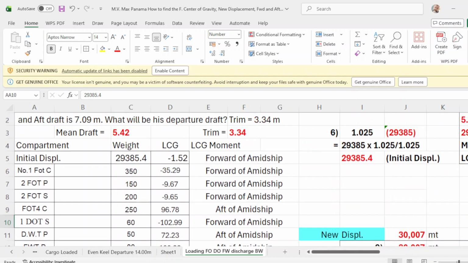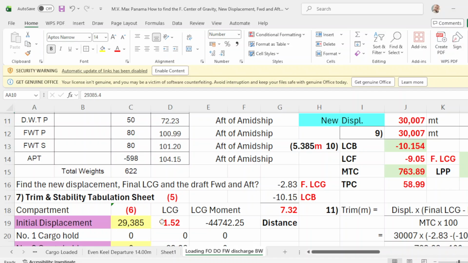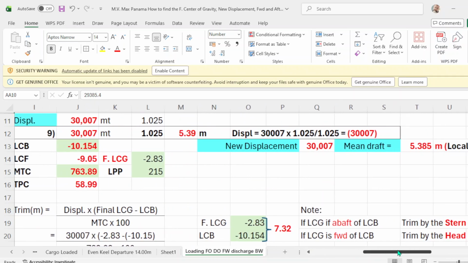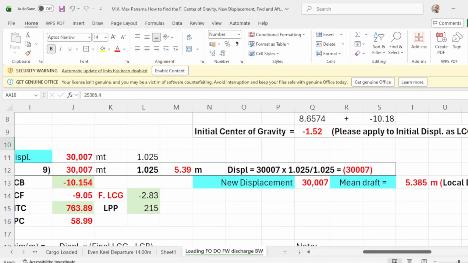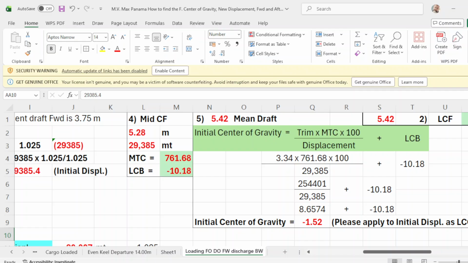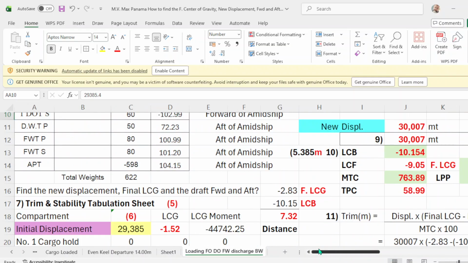Number 6, which is 29385, and your initial LCG is negative 1.52, which is this one, number 5, negative 1.52.